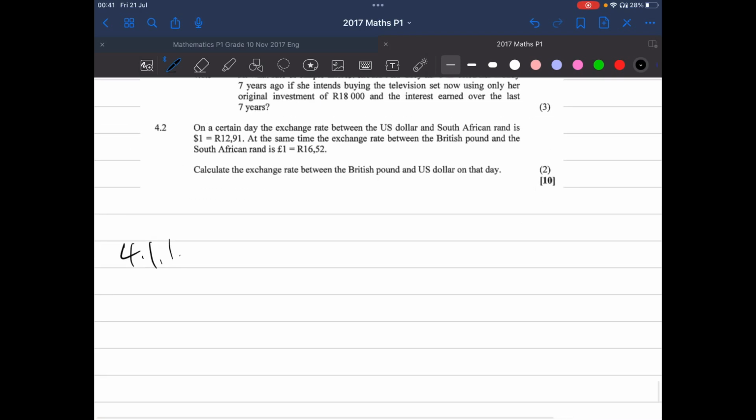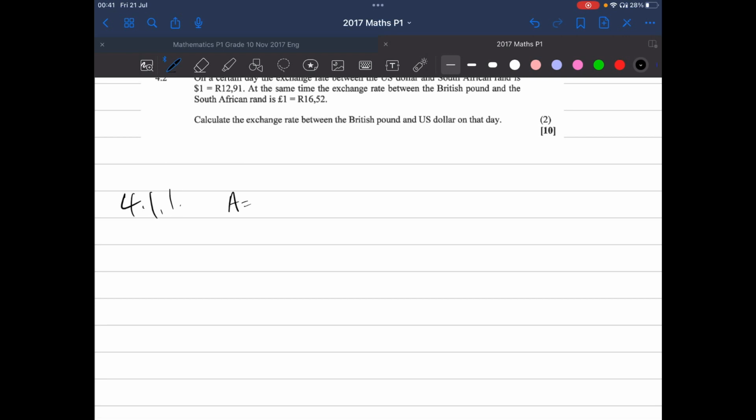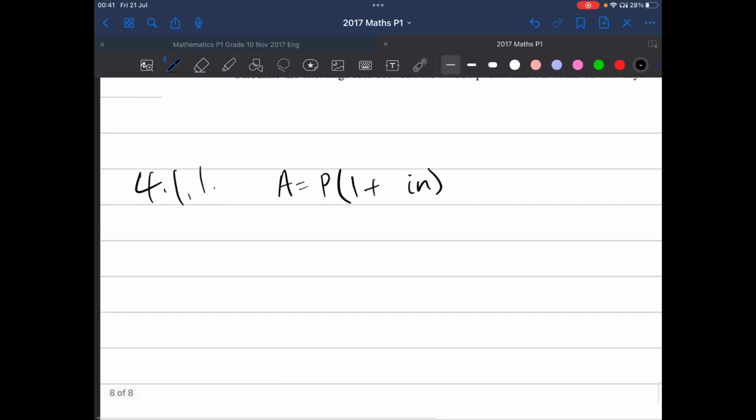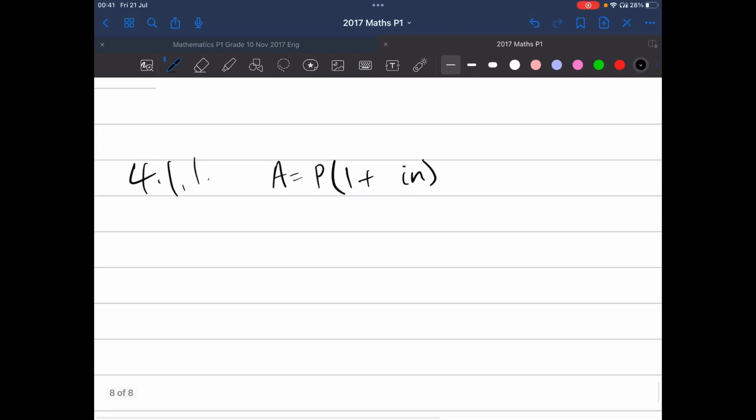So remember we have this formula that says the amount is equal to the principal multiplied by 1 plus IN, where I is the interest rate and N is the amount of time. And remember, amount is, if she put this into a bank account, basically how much money is in the bank account now, not how much interest she's earned. It's the total amount.